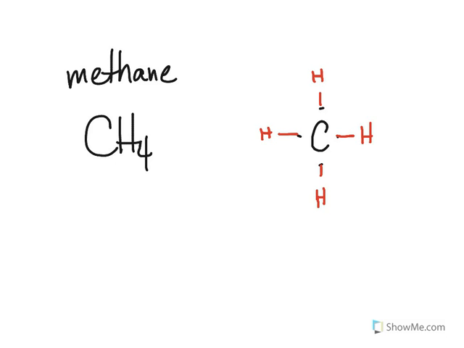Now it looks like, again, that we have a 90-degree angle between these. But remember, because these are 3-dimensional molecules, we want to go ahead and show the wedge and dash drawing to indicate its 3 dimensions. So let's redraw this. Let's go ahead and start out with the carbon again.